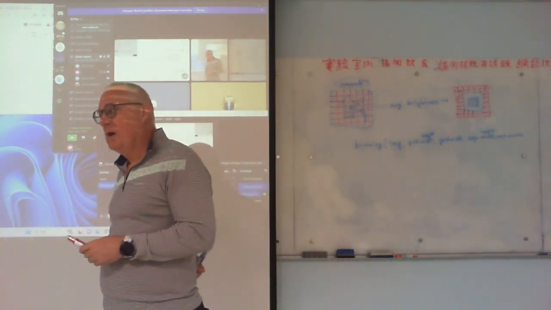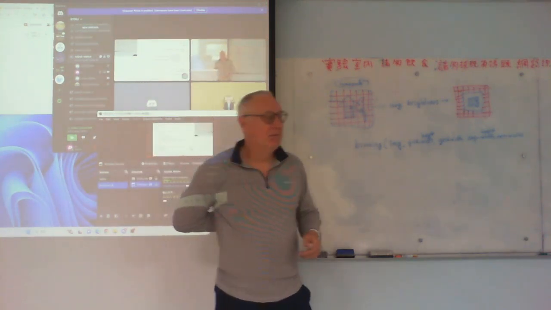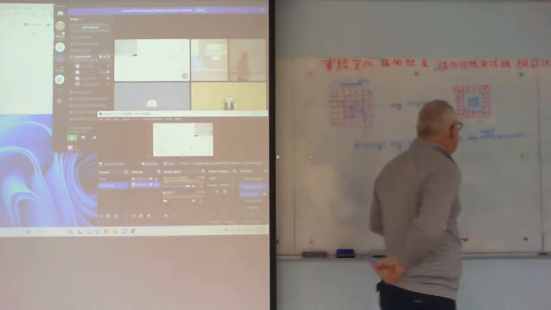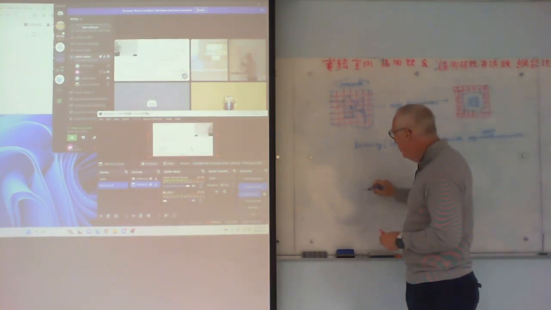I'm not sure about the scaling. We have the average brightness, right? Now that could range from 0 to 255, right?